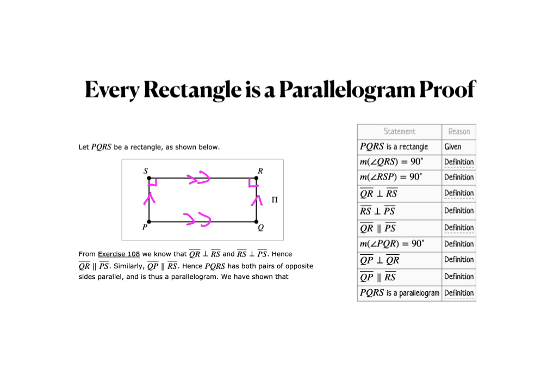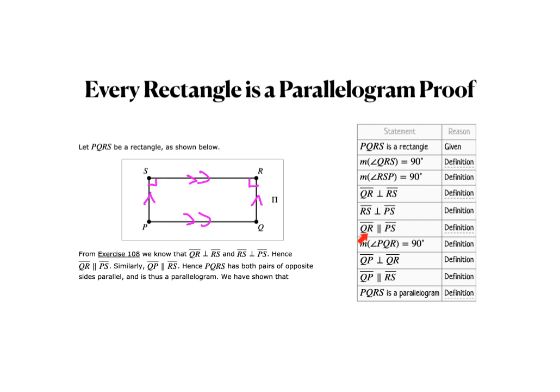Now, let's look at the two-column proof that's on the right-hand side. So PQRS is a rectangle, that's given. The measure of angle QRS is 90 degrees, and the measure of angle RSP is 90 degrees. Therefore, we know that QR is perpendicular to RS. These are all true by definition. We also know that RS is perpendicular to PS, and that's true by definition.